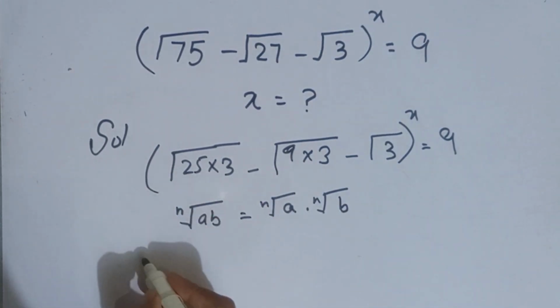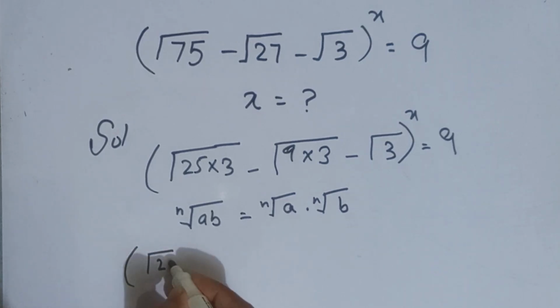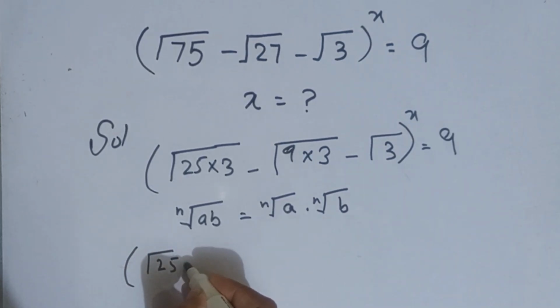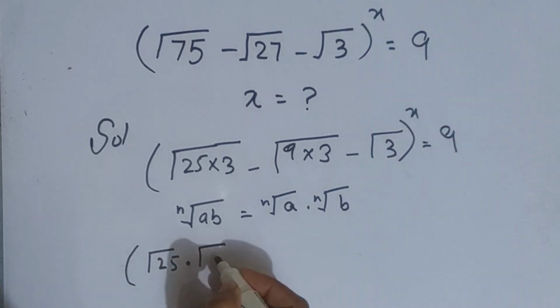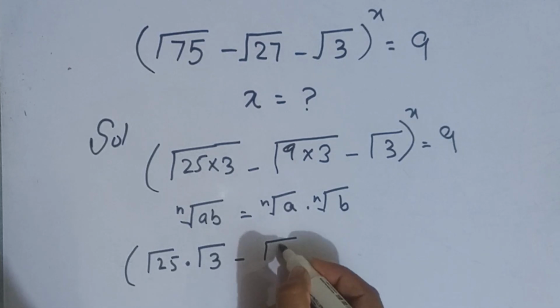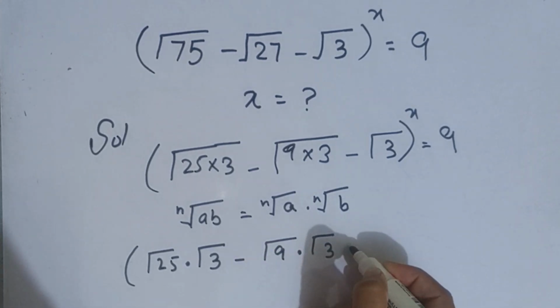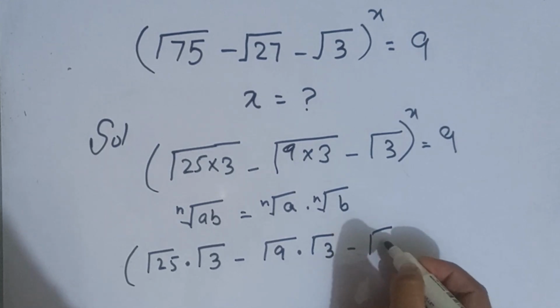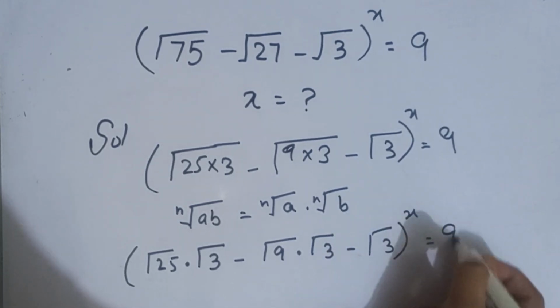So the first term will become √25 multiplied by √3 minus, we write this as √9 multiplied by √3, and we copy the last term, minus √3. Its power is x, equal to 9.